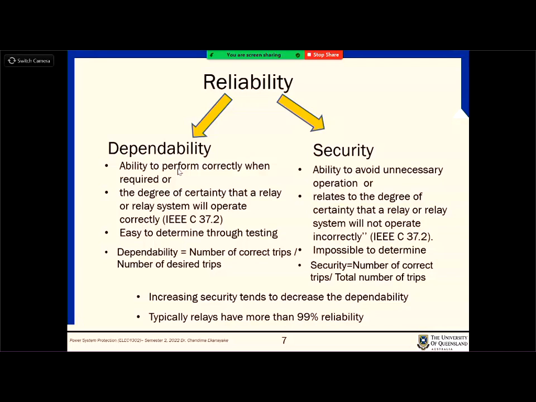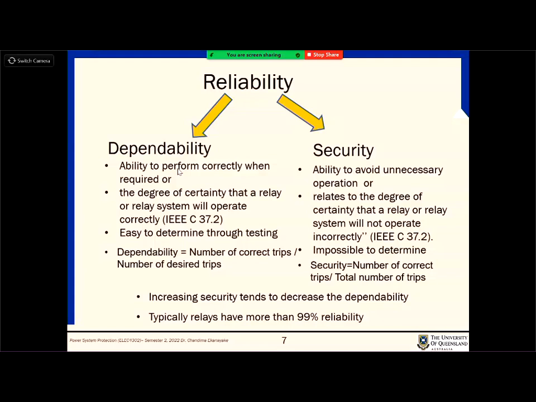So what is dependability? The relay is said to be dependable if it trips only when it is expected to trip. This is slightly confusing, these 2 terms. So after the lecture, go back and read those sentences again and again to get it. It's quite similar.